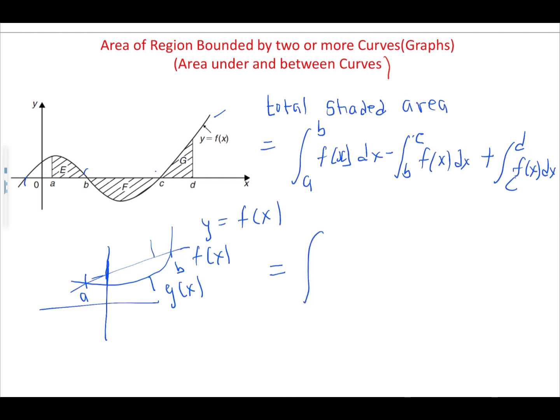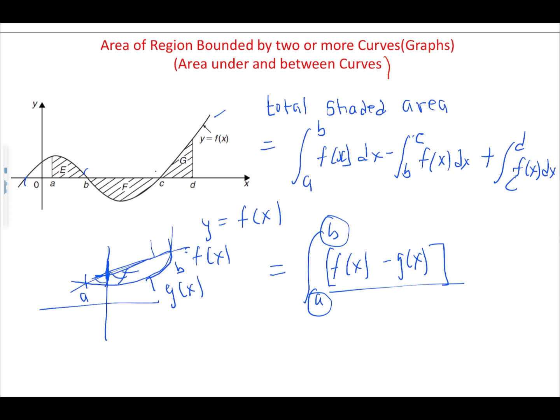What we need to do is find the definite integral between the limits a to b, and the overall function we are going to deal with becomes f of x, because f of x here is the upper one, and the lower one becomes minus g of x. So let's take note of it. These two functions, we evaluate between the limits a to b. Therefore, if we do that, we'll be able to find the area between these two curves.